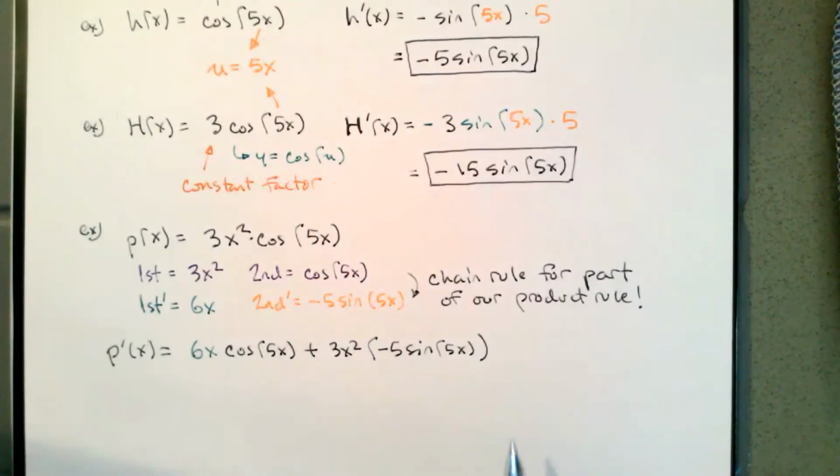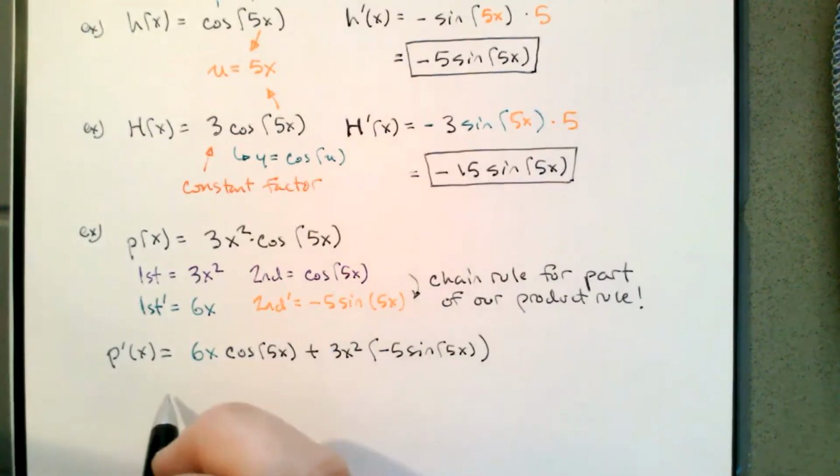Note that this set of parentheses around the negative 5 sine of 5x is really important because this factor is negative. If you leave off this parenthesis, it'll look like 3 terms, but there are only 2 terms.